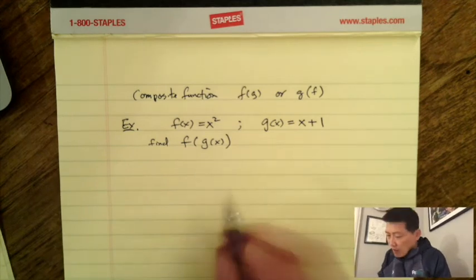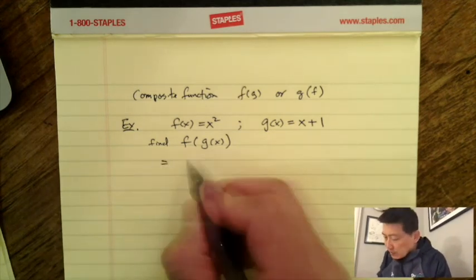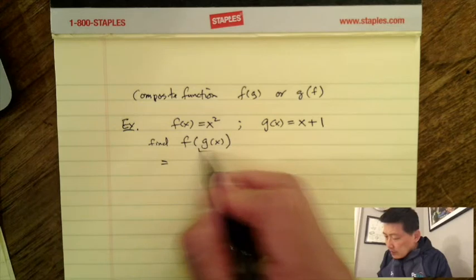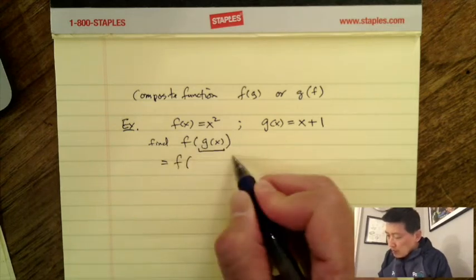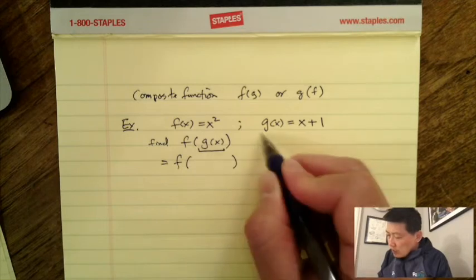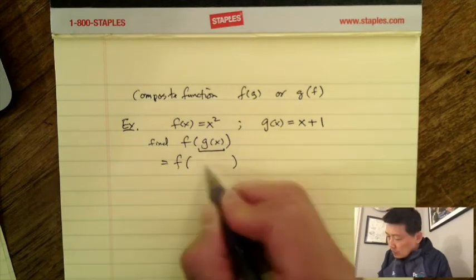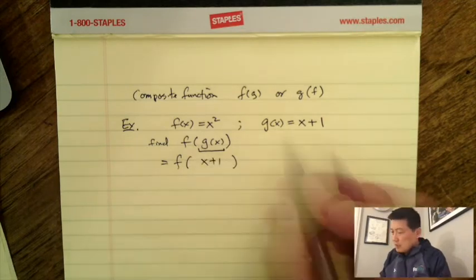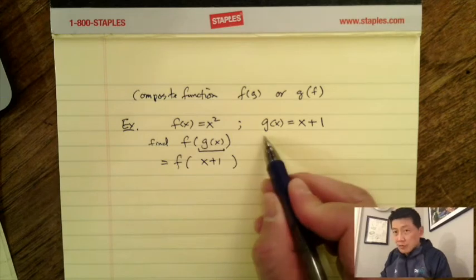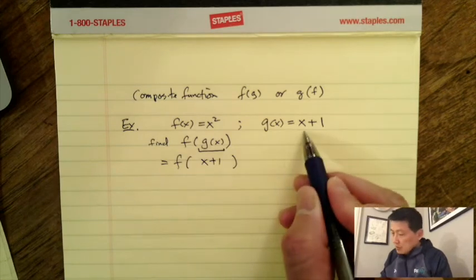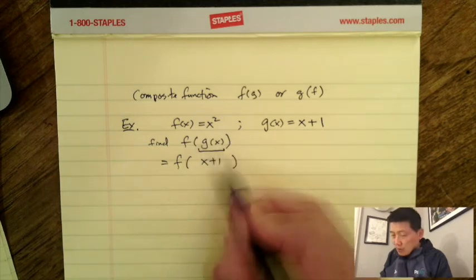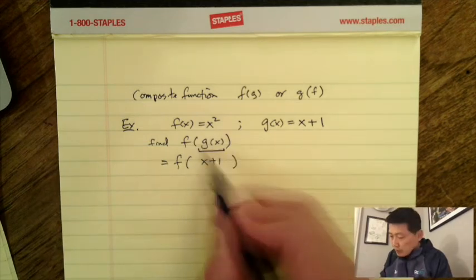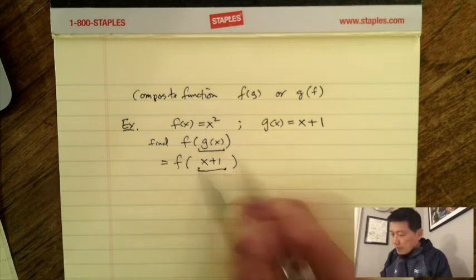What it's saying is basically, okay, I'm going to replace what's in here with g. But what's g? g is x plus 1, because it's defined right here. Do you see it? g of x is x plus 1, so you replace this with this, because essentially they're the same.